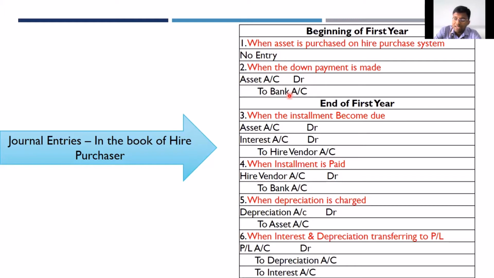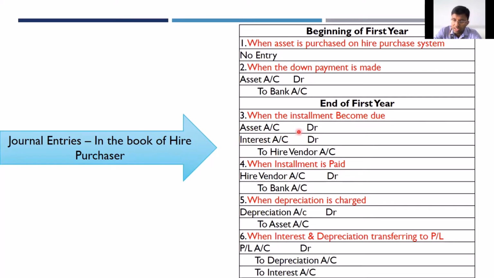Following this, the remaining entries we will be passing at the end of the financial year. The first entry that we will be passing is to show in our books of accounts that there is a part payment which is due. You will be showing it like this: asset account debited, interest account debited to hire vendor account.